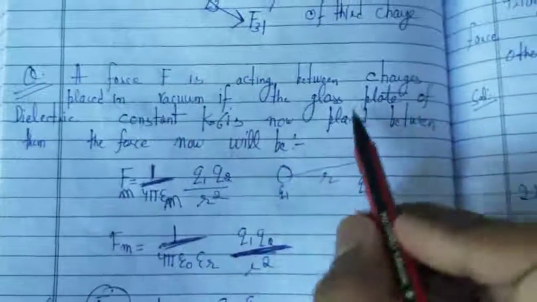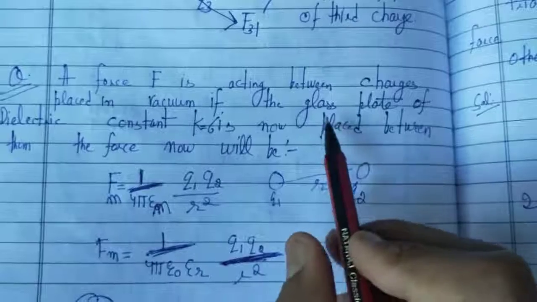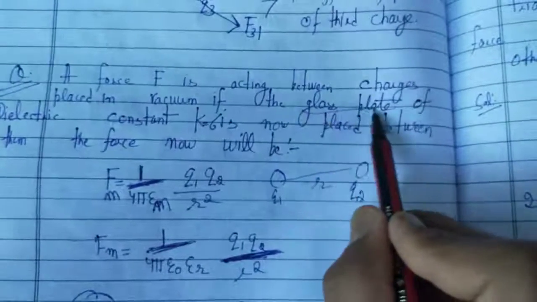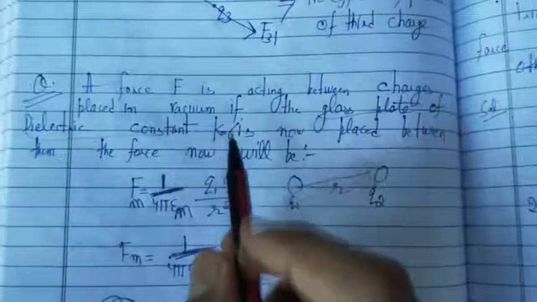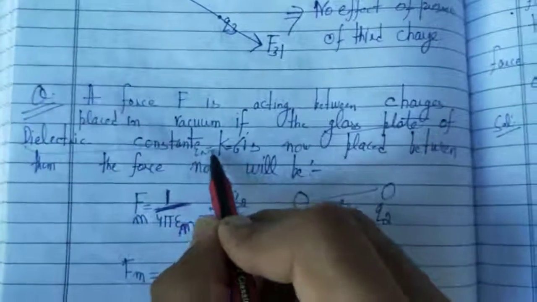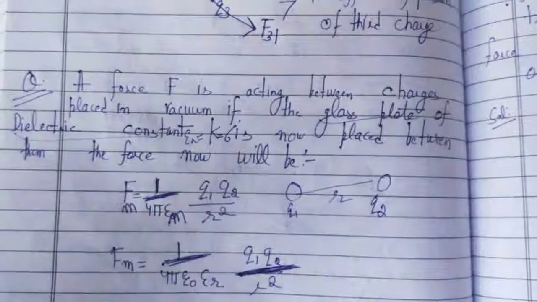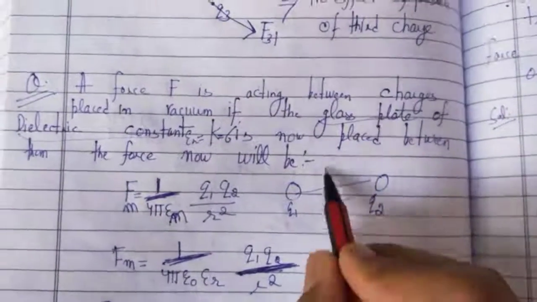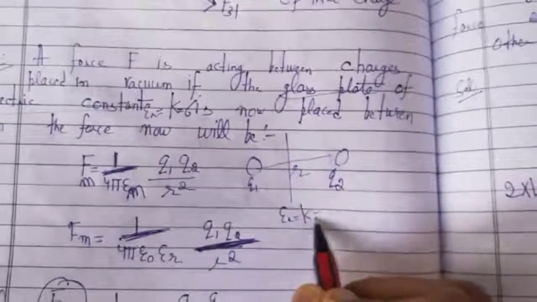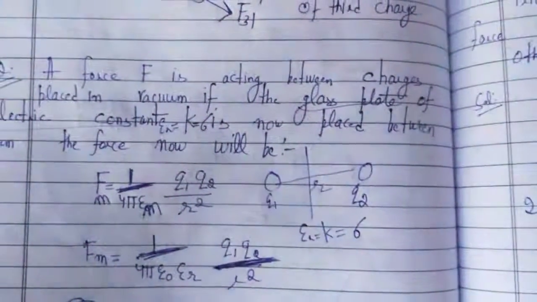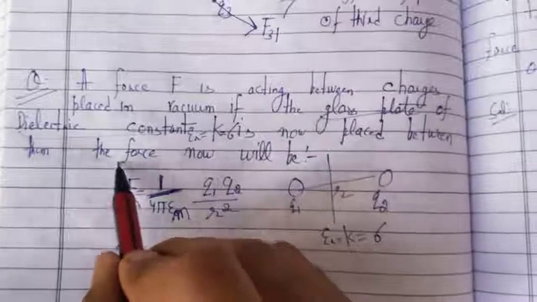Case number 2, now they have placed a glass plate whose dielectric constant is K equal to 6. What is this dielectric constant? Er. That means they have placed a glass plate here whose dielectric constant, or K, is equal to 6. So what will be the new value of force?